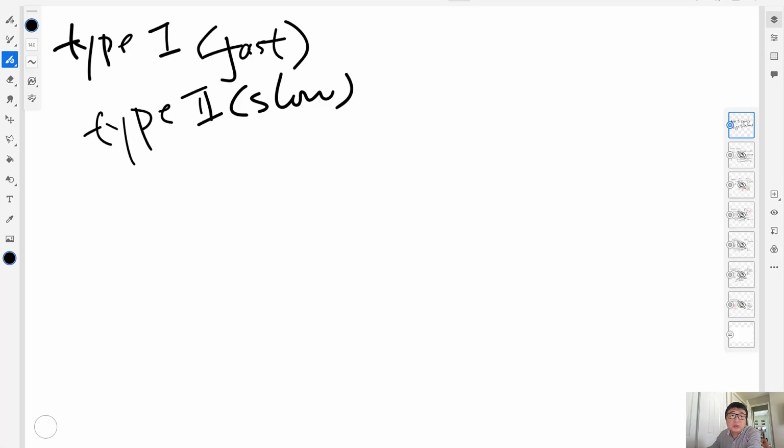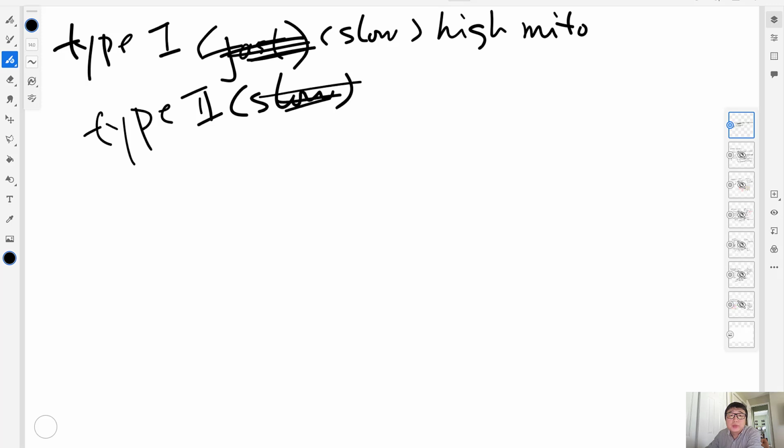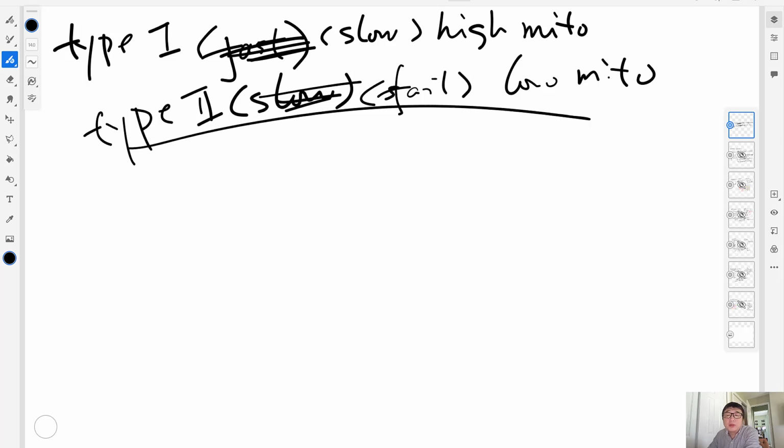Oh yeah, I was wrong. So the slow one is type 1 because it has high mitochondria and high myoglobin, and type 2 is fast. It has low mitochondria, and in these cases, type 2 is mainly for fast response, and type 1 for increased endurance.